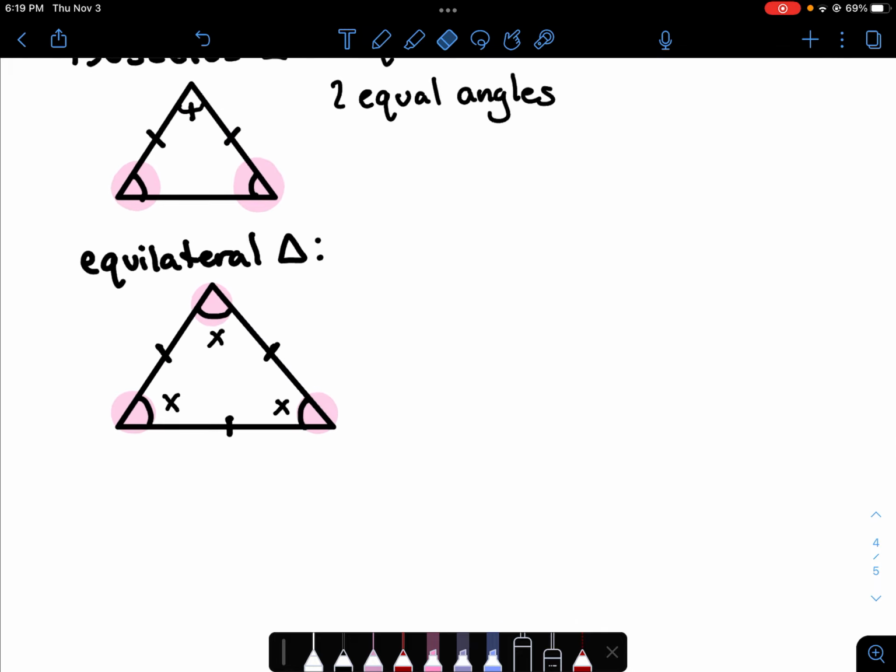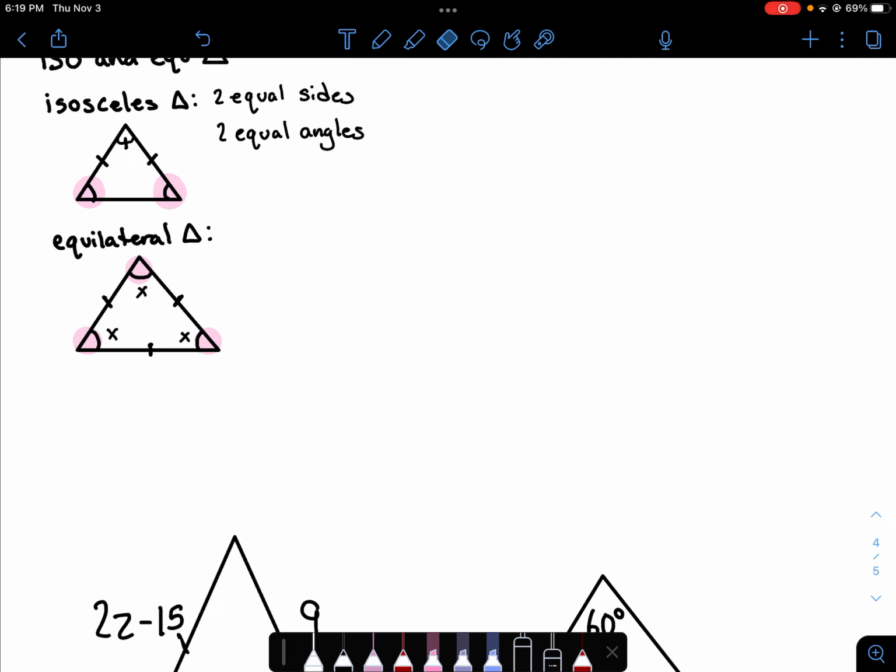Voila. And then an equilateral triangle is similar to an isosceles triangle, except all three sides and three angles are equal, hence the name equilateral.